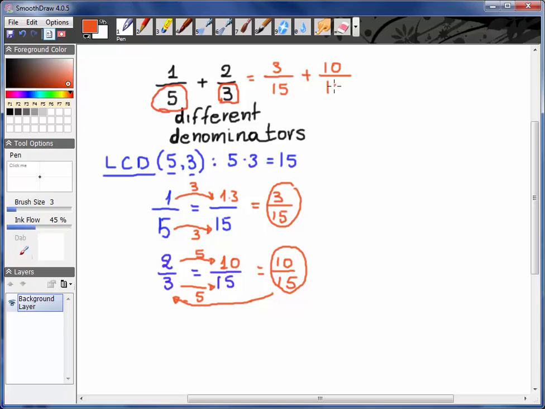Now the denominators are the same, so the resulting fraction will be a fraction with denominator 15 and numerator the sum of the numerators, 3 plus 10. The result will be 13 over 15. I cannot simplify this further, so that's my final answer.